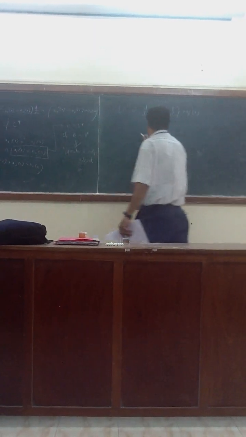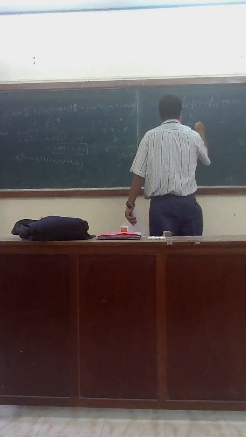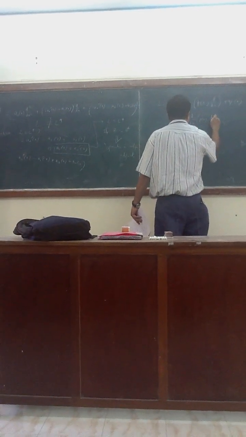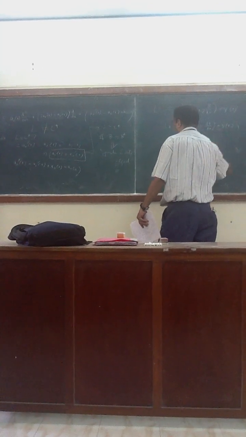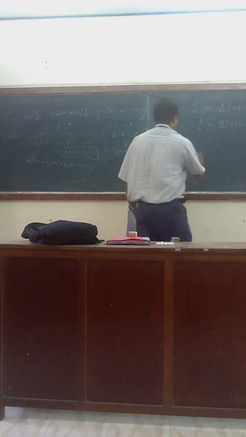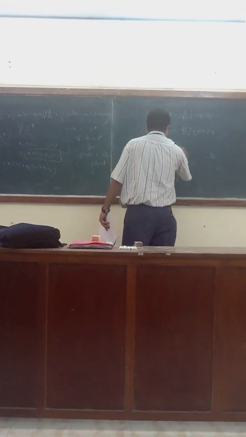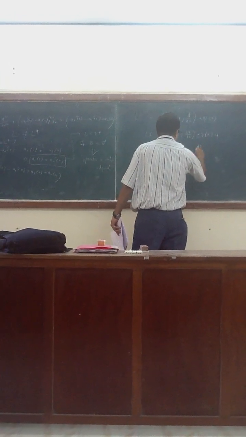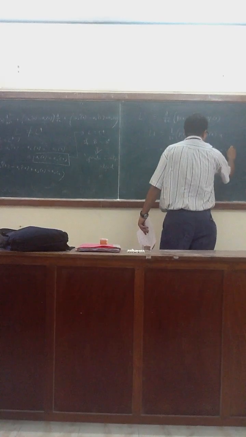What actually happens? Lu equals d/dx of (p(x) du/dx) plus q(x)u. You understand this step? Yes or no? Okay. So p(x) d²u/dx² plus dp/dx du/dx plus q(x)u.